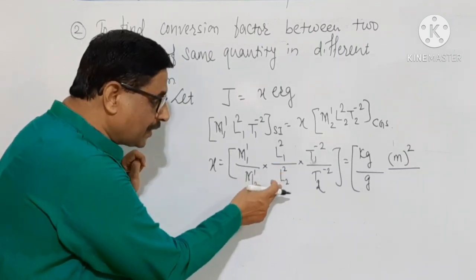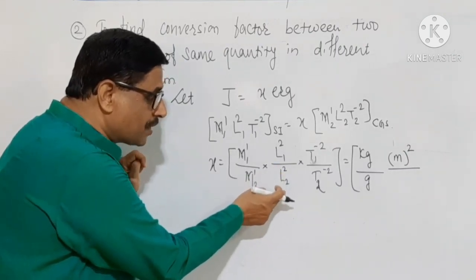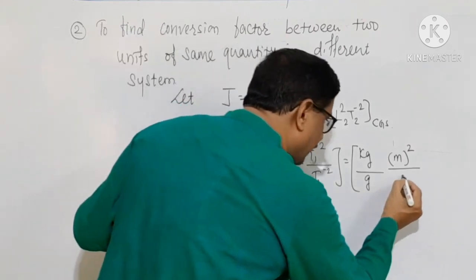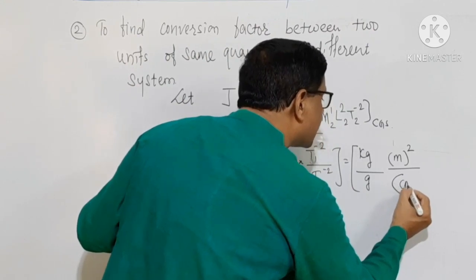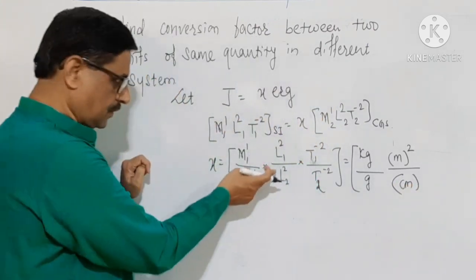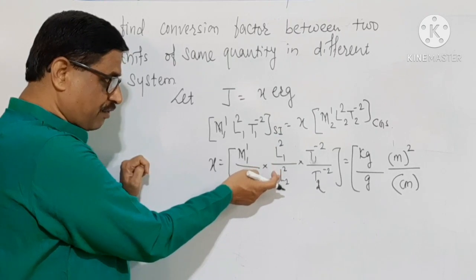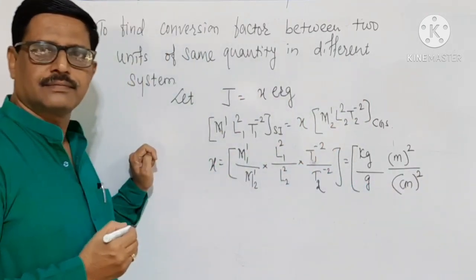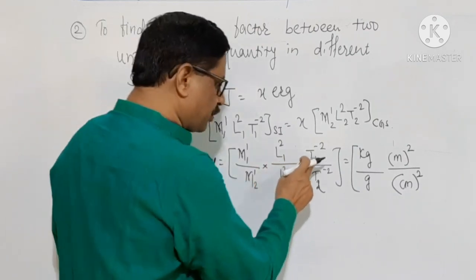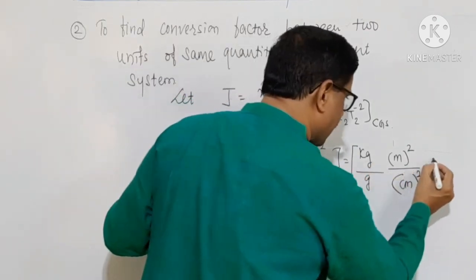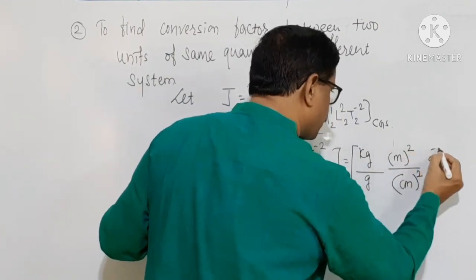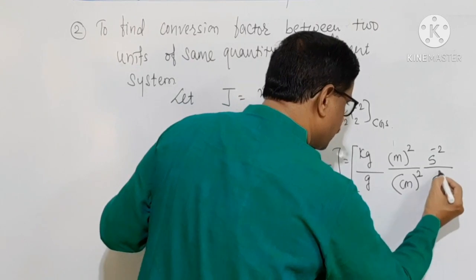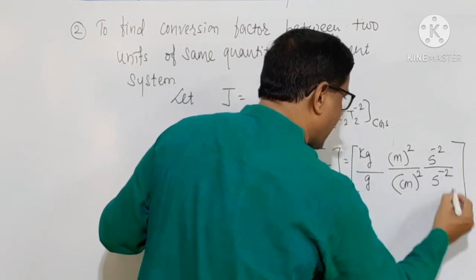Base unit of length in CGS system is centimeter, and the square of the unit, therefore it is centimeter square. And the base unit of time in SI system is second, here second raised to minus 2. Base unit of time is second in CGS system, also second raised to minus 2.